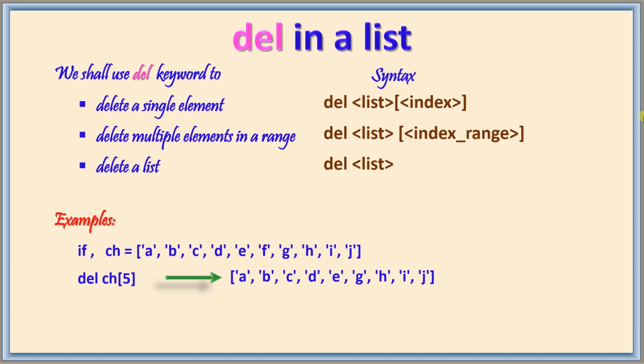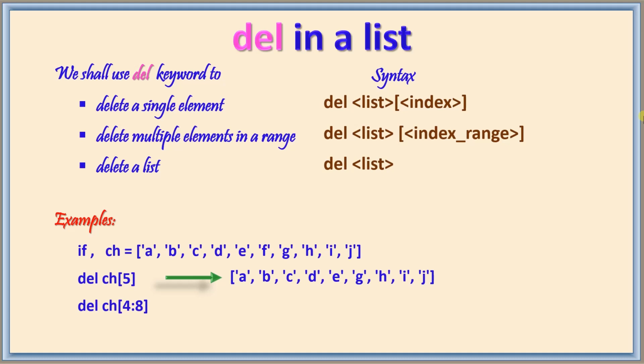So let us take this list for the next operation. If I want to delete a range of elements, then I can give del ch[4:8]. That means we know the slicing, according to the slicing it will be removing the elements.